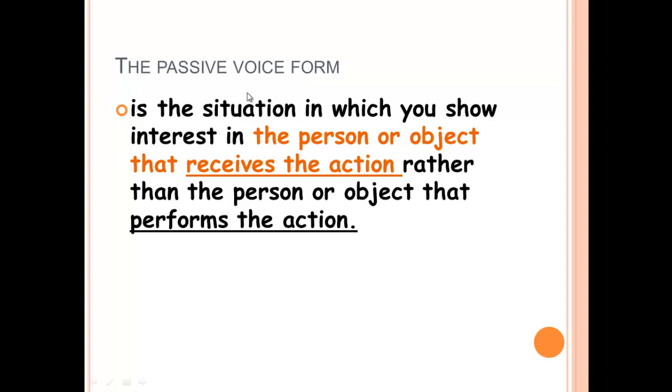So the passive voice form is the situation in which you show interest in the person or object that receives the action, rather than the person or object that performs the action. The one who receives the action is more important, and that's why you want to focus on that person. You want to start your sentence with it, rather than the subject, which is the one who does the action.